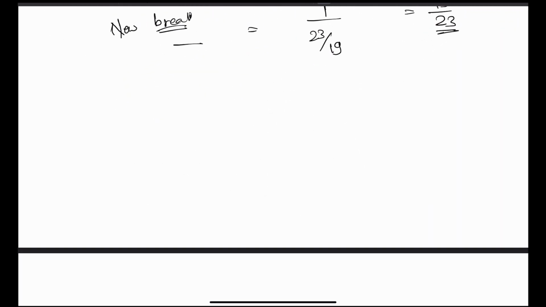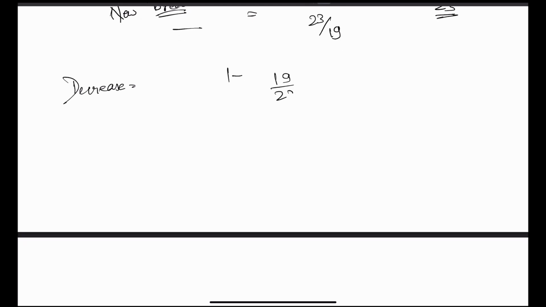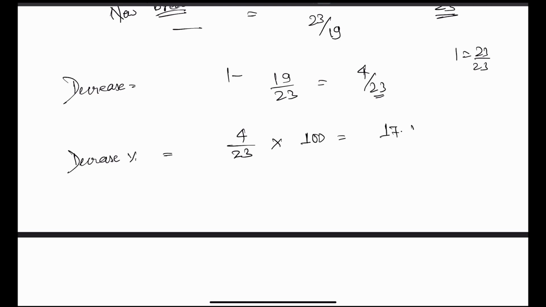So how much is the decrease? Decrease is 1 minus 19 by 23. 1 can be written as 23 by 23, so 23 minus 19 is again 4 by 23. So the decrease in percentage is 4 by 23. We don't divide by the new value because we are comparing with the first one. So again it is 17.4%.